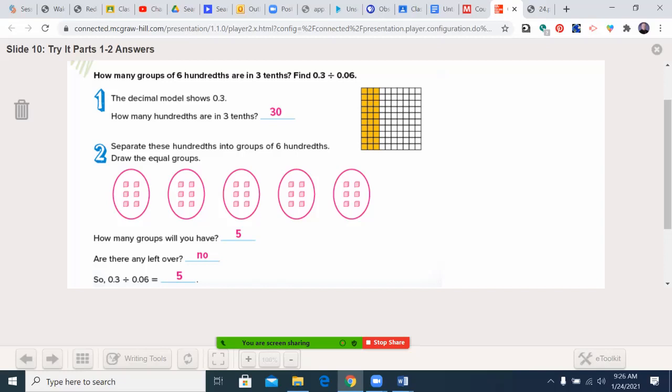Just keep in mind that each of these little blocks are hundredths. The whole column of 10 hundredths is a tenth, and 10 columns of tenths is a whole.